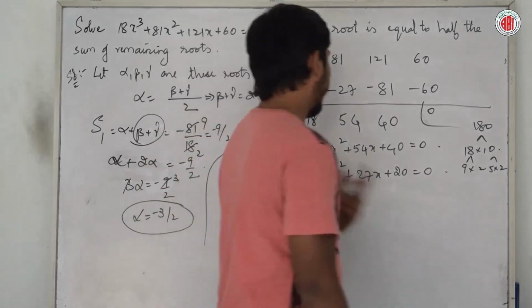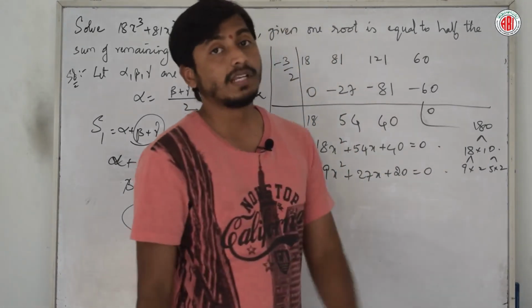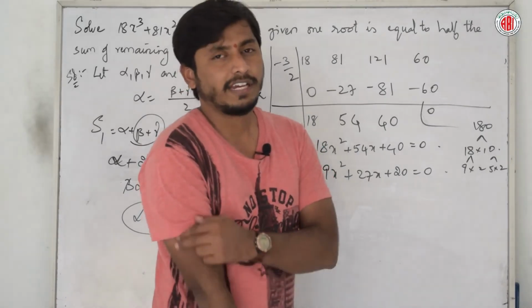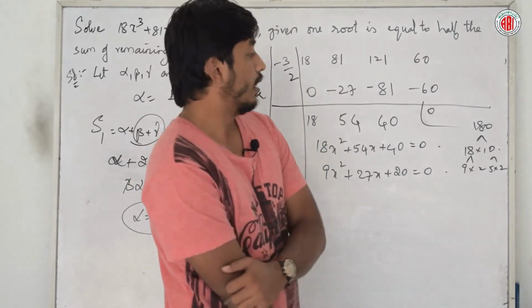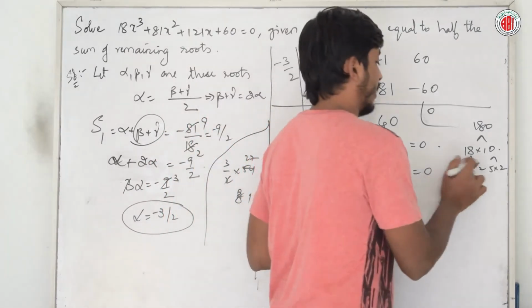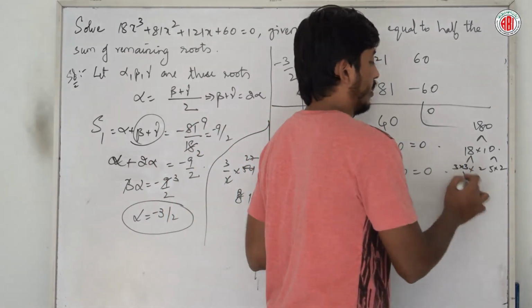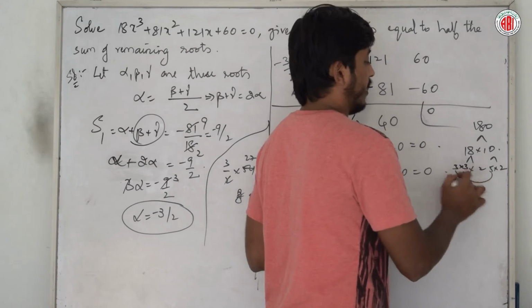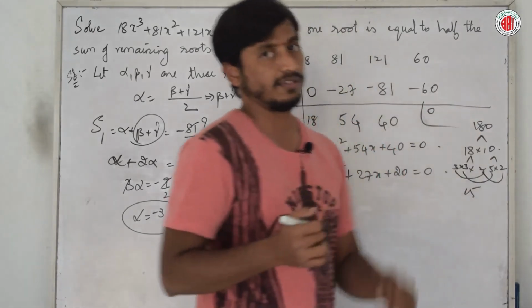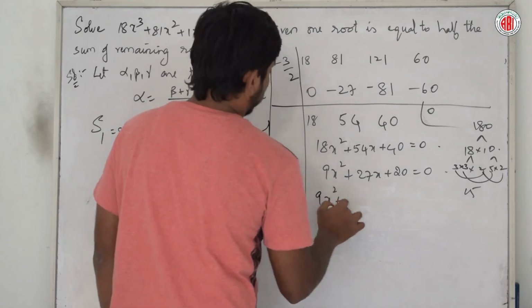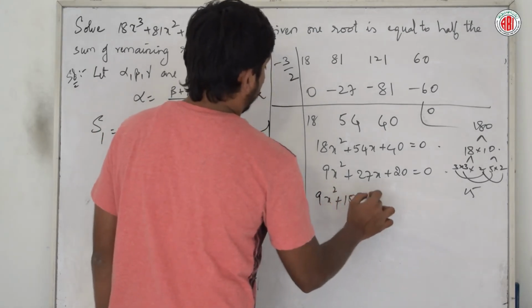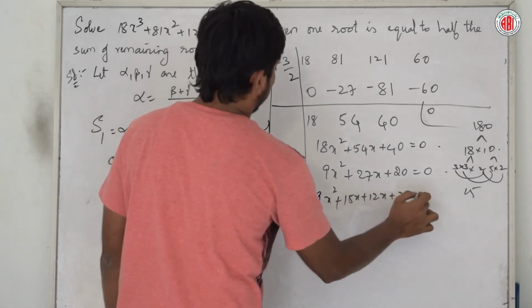Impossible. And then still tell me 15 table, will it go? 12 15s are 180. Just tell me. Here it is 3 into 3. 5 3s are 15. 3 2s are 6. 6 2s are 12. Obviously. So 15 plus 12 is 27. 9x square plus 15x plus 12x plus 20 equal to 0.